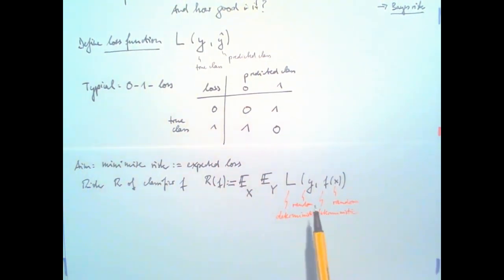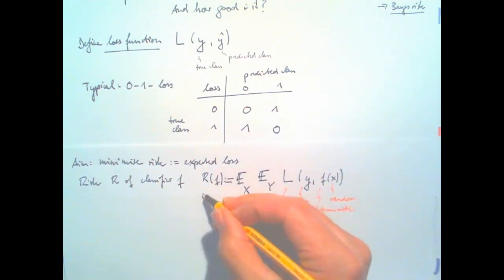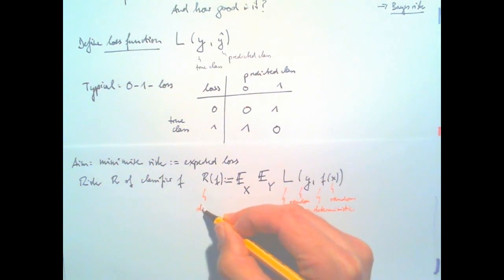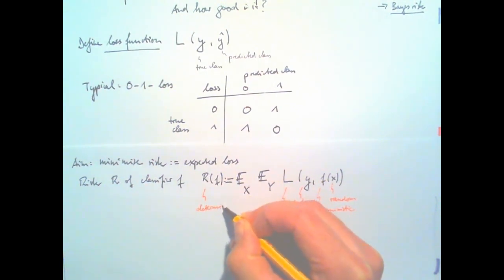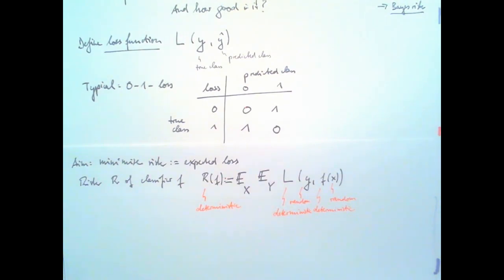And overall, because we now take the expectation, it means we average over all possible values with a weighting. As a consequence, this risk here is also a deterministic function of F, for a given sample.